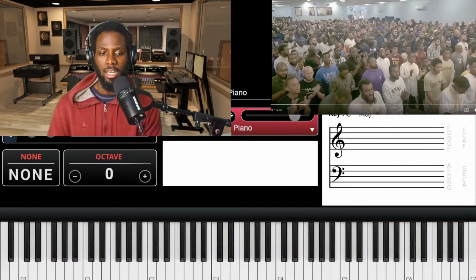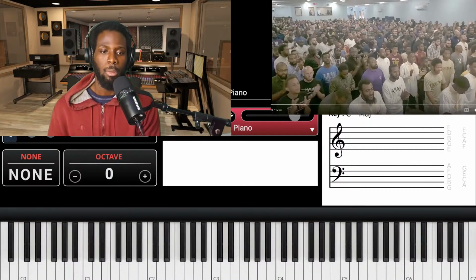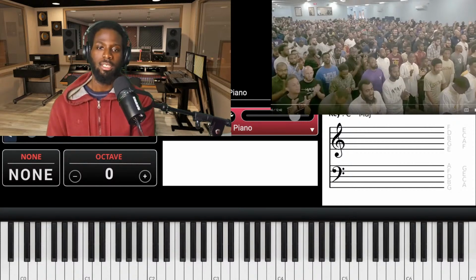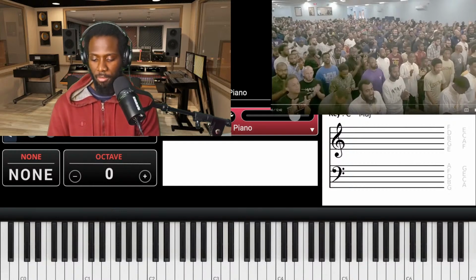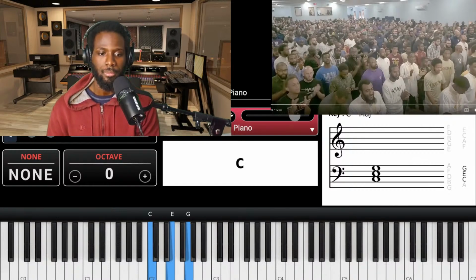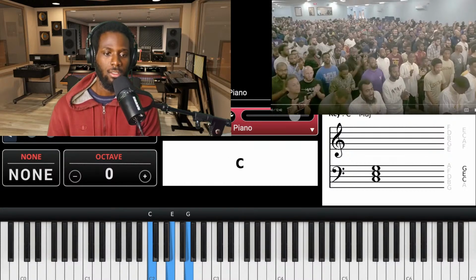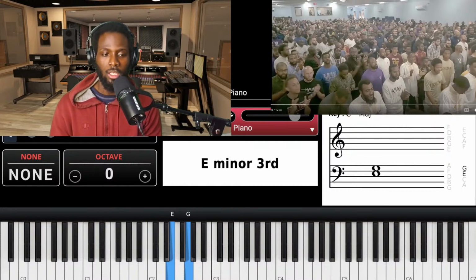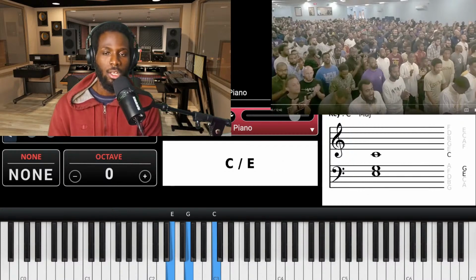So rather than spelling it C, E, G linearly, I could remove the C from the root position and press the C above the G. Notice it says C over E. It's still a C major chord fundamentally. It's just that the E has now become the root position note, but it's still a C major chord.